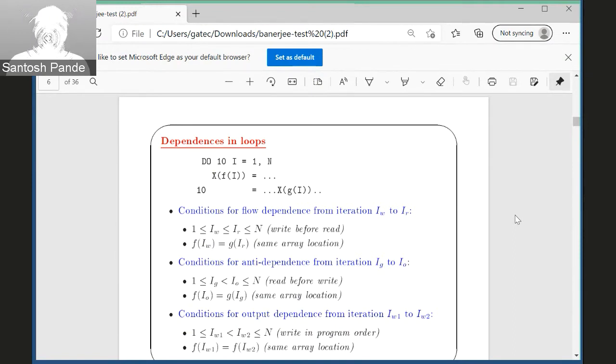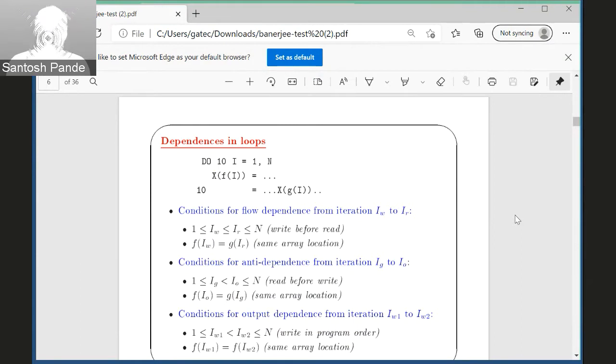Again, the idea here is to see if the dependence exists. Typically, because of the regular nature of these accesses, most of the accesses, like f of I and g of I, are linear functions, as you will see later.